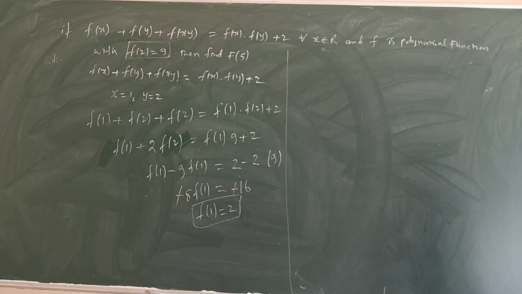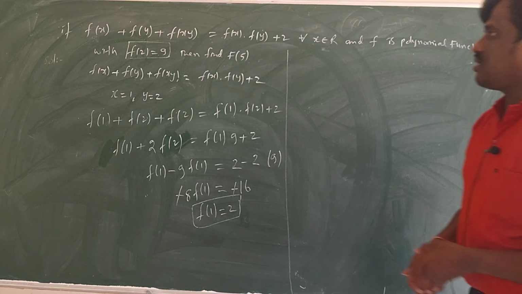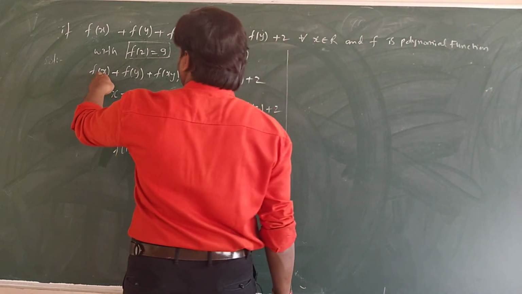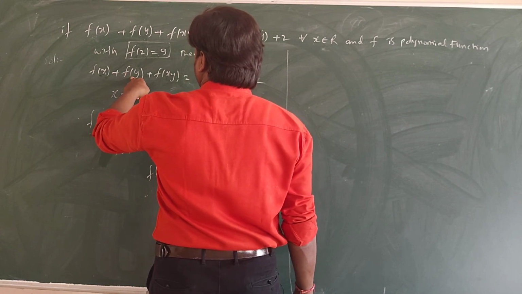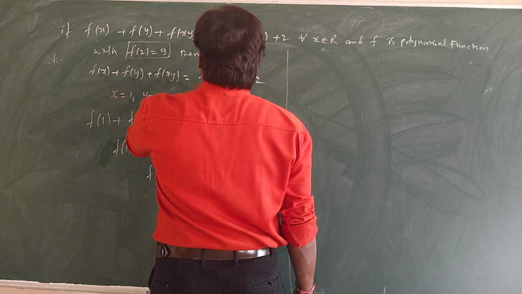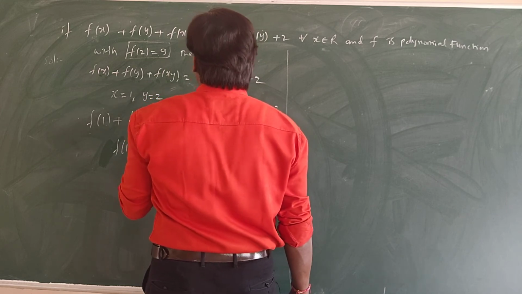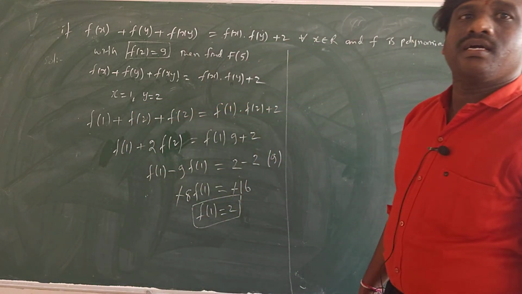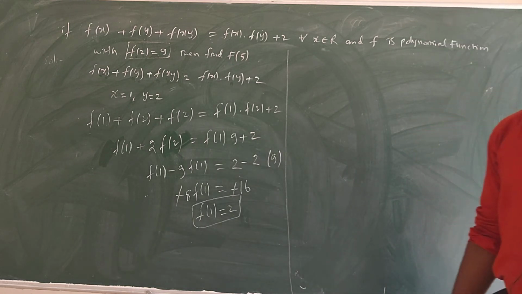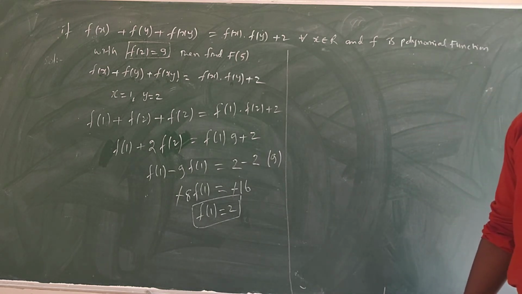No, it will not come. Look, what will come here? F of 1, f of 5. Sure? Confirm? Try once.